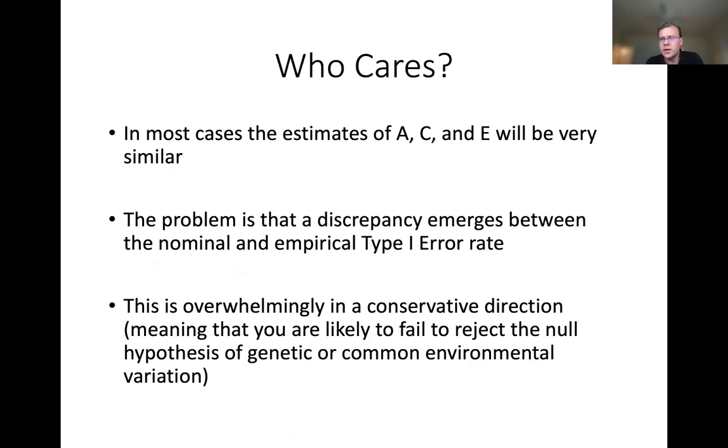So under the null distribution, if, for example, your C or your A parameter is truly 0, you're not going to have the right type 1 error rate. So you're not going to be testing against the right alpha rate, which means you could be concluding that your test is not significant when in fact you just used a p-value that's substantially more extreme than you were hoping to use.